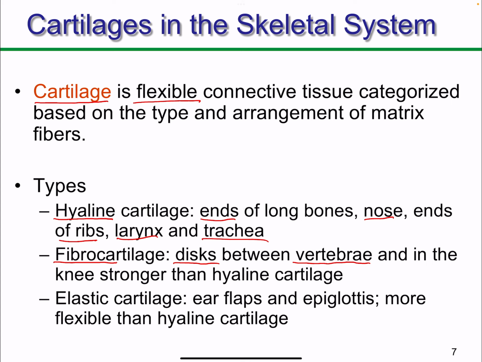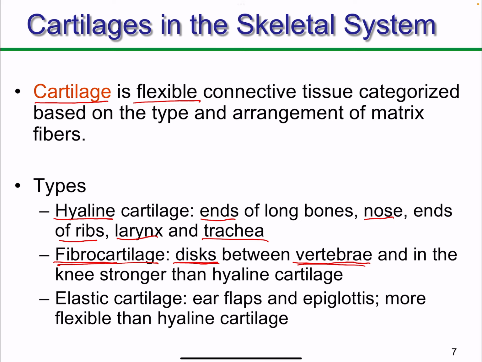For instance, when you jump and you land, your vertebrae can bang against each other. But to avoid that, you have these discs that are made up of fibrocartilage. They are very thick and very strong.